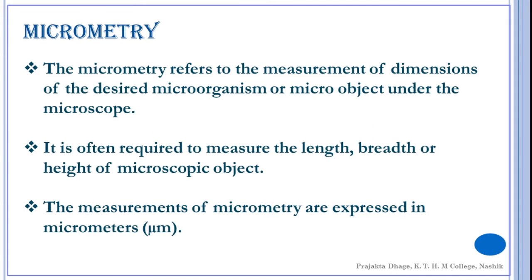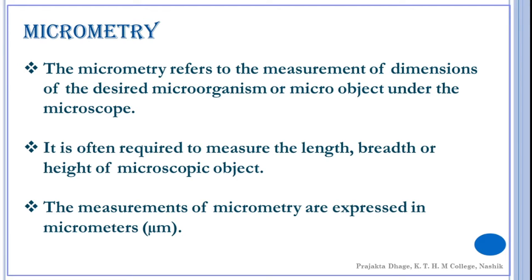Okay, so let's see the definition. Micrometry refers to the measurements of dimensions of the desired microorganism or micro object under the microscope. Okay, so it is very frequently required to measure the length, the breadth, or the height of the microscopic objects. Sometimes we also have to see the diameter of that particular object.